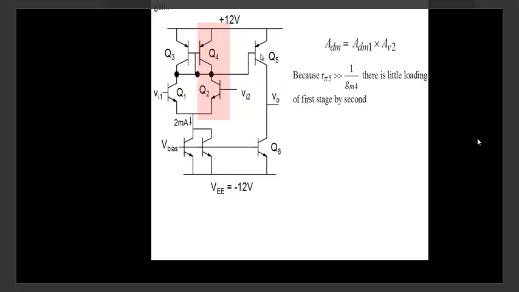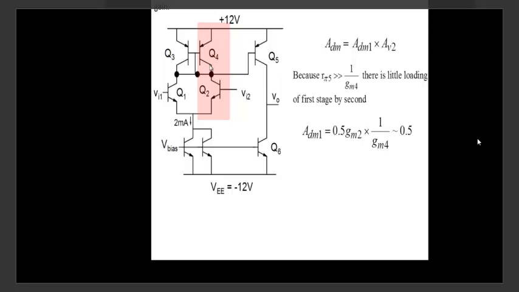And then this one contributes R pi 5. R pi 5 is much, much larger than this, so it doesn't bother. As far as the first stage is concerned, it doesn't affect me. And the gain will be 0.5 GM RC, where GM1 or GM2 is the same, and RC is 1 over GM4.